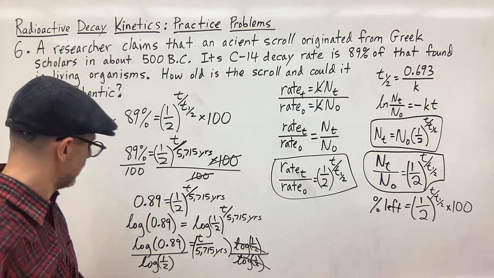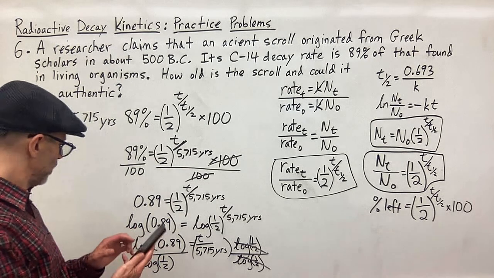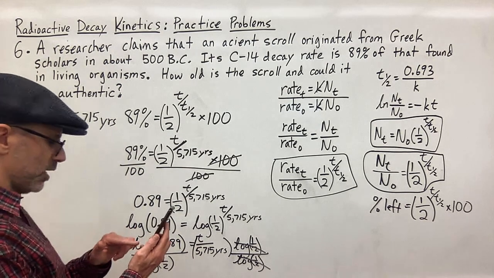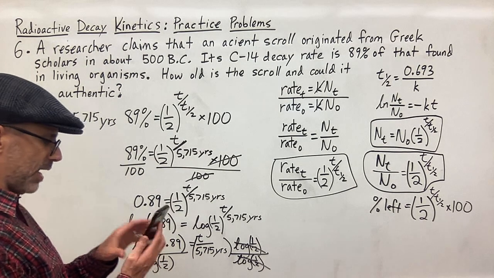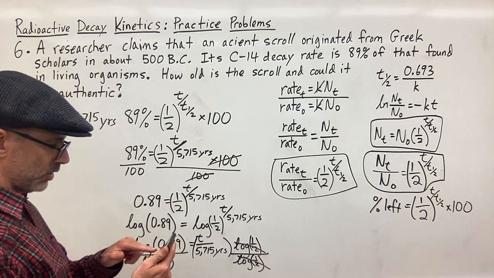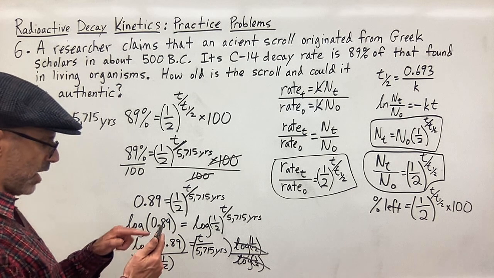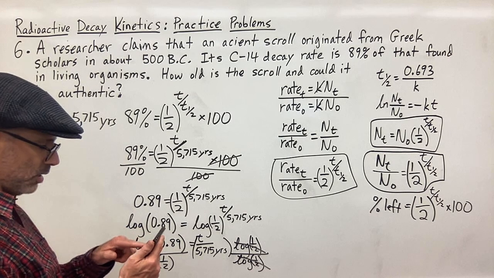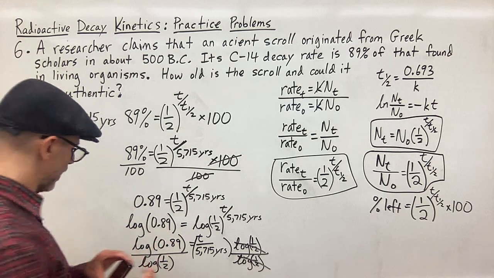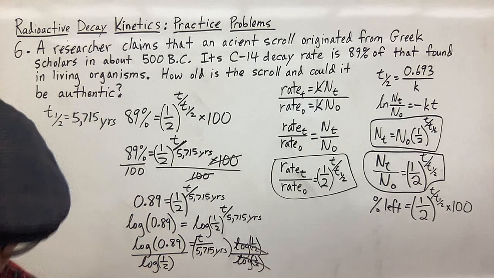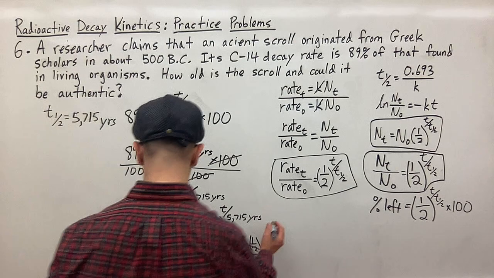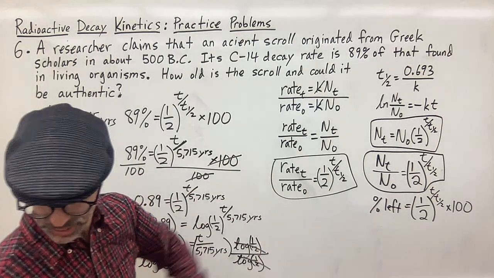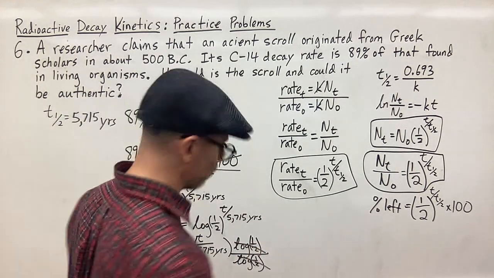So I'll go ahead and calculate that out right now. So if I take 0.89 and then take the log of that and divide that by the log of 1/2, I got 0.1681.